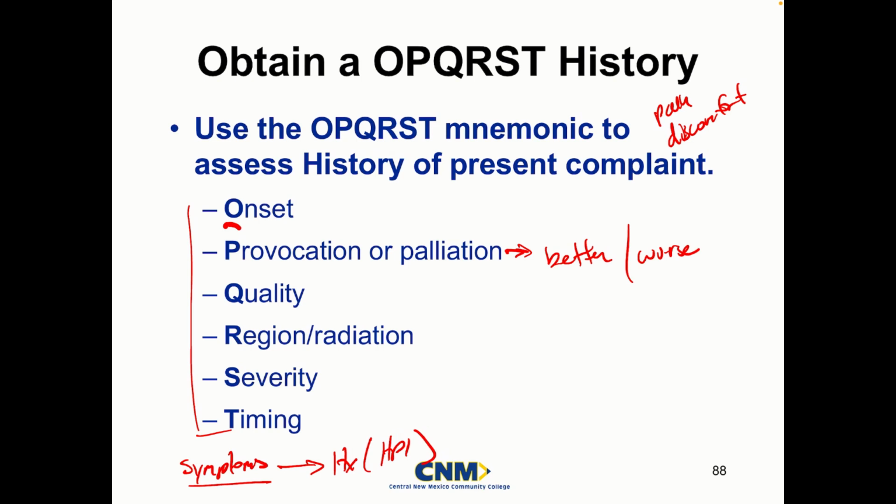So if it's something that makes it worse, it's provocation. If it's something that makes it better, it's palliation. Those two questions by themselves, those two points by themselves, can help us determine whether we're dealing with one type of heart problem or another type of heart problem that we can't really get from other easy means of assessment. So just asking these questions is part of our finding out what's wrong.